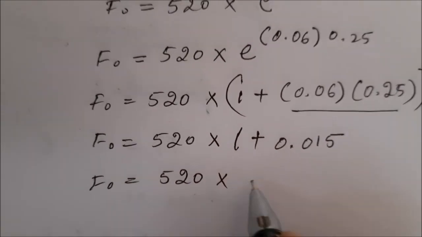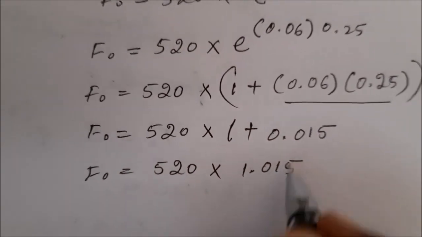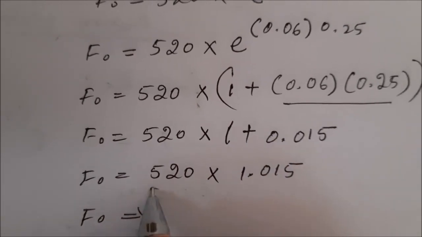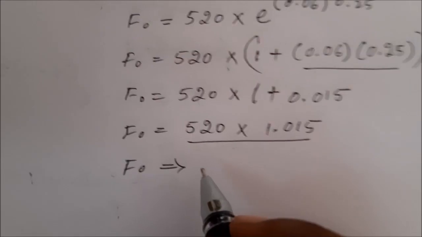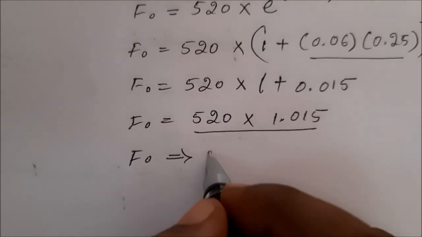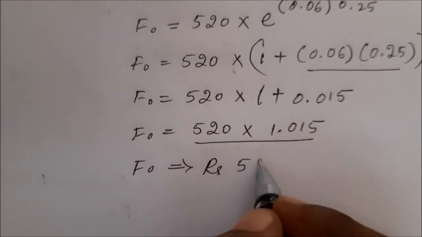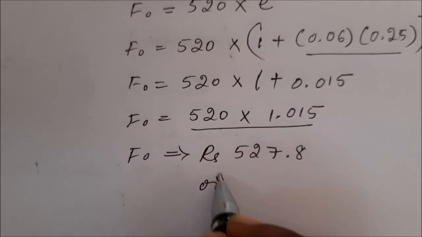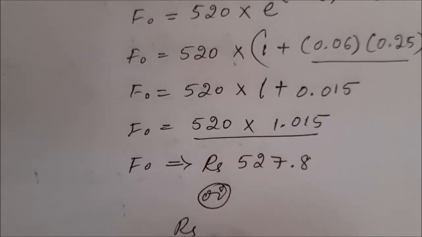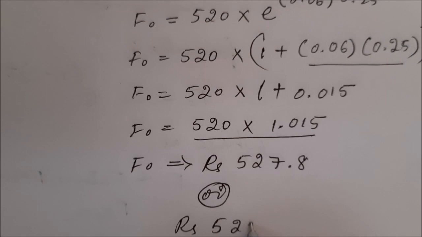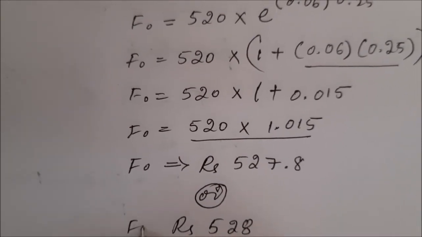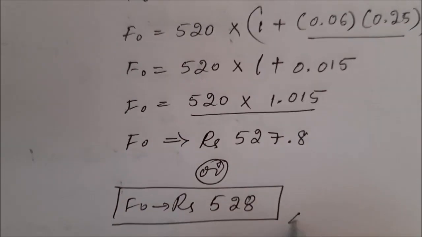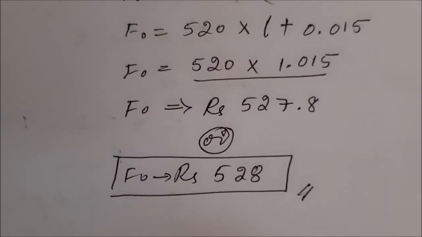Therefore F naught is equal to rupees 520 into 1.015. We will get the future or forward price for 3 months as rupees 527.8, or you may round it figure, that is rupees 528. Future price is rupees 528.